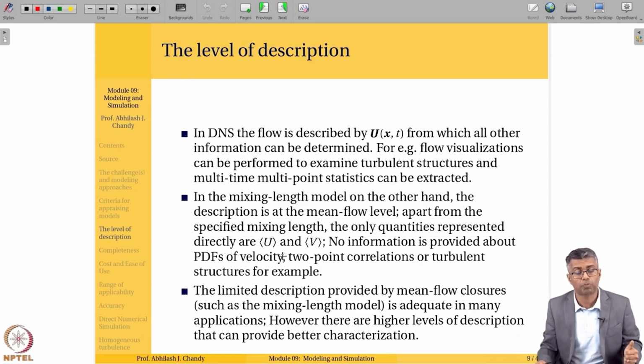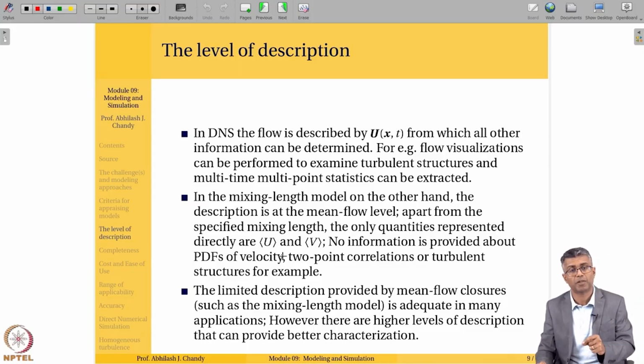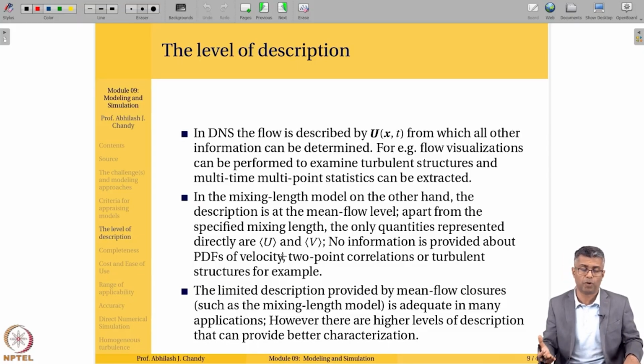In the mixing length model, on the other hand, you are describing only the mean flow. Your level of description is at the mean flow level. So apart from specifying the mixing length, the only quantities that are represented are U mean and V mean. We are talking about a boundary layer flow, so the third direction is assumed to be negligible.